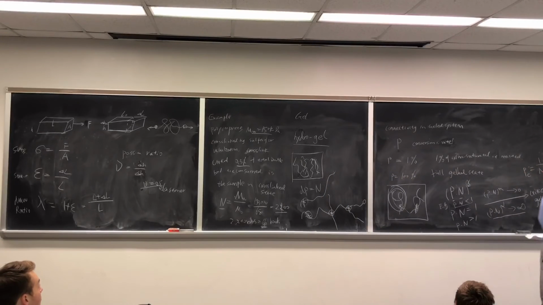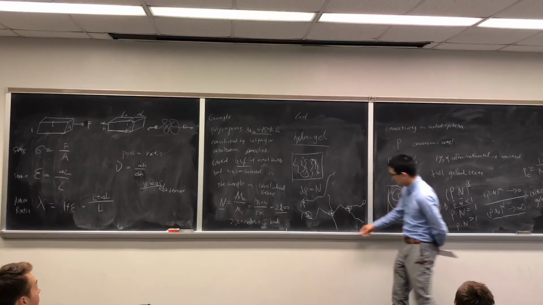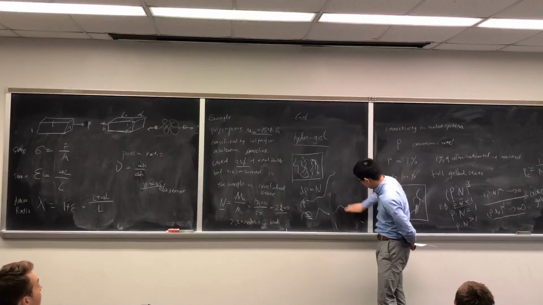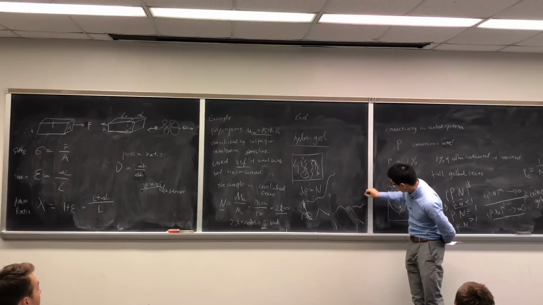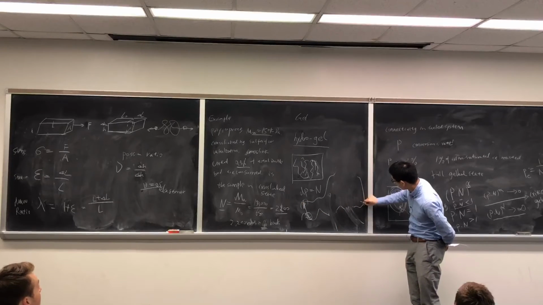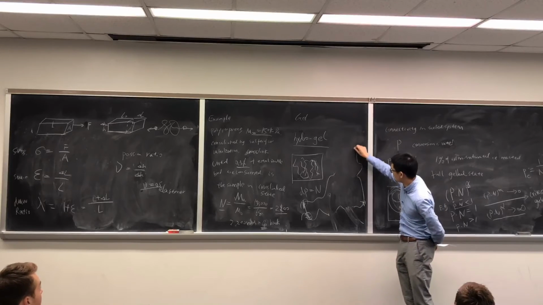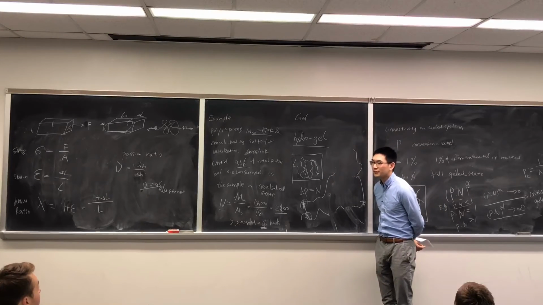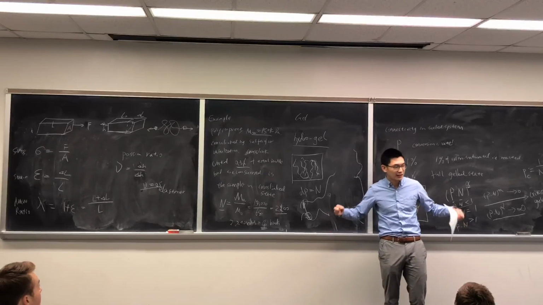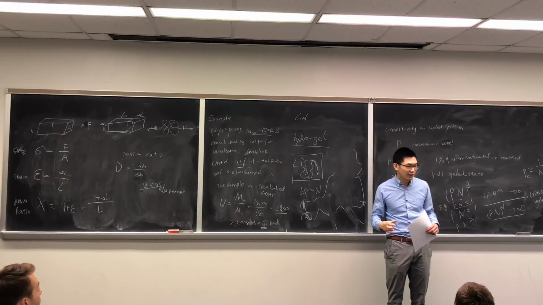So what that means is you only need one bond to react with another bond, then another bond will react with this one, then this propagates. That's a critical point.